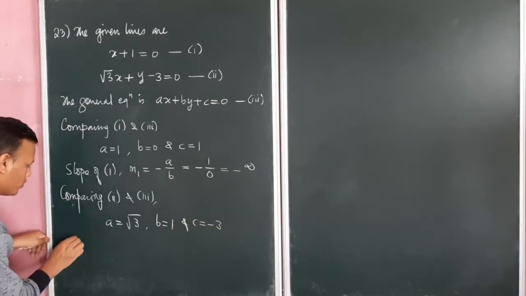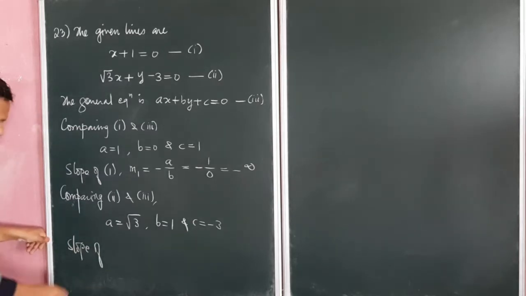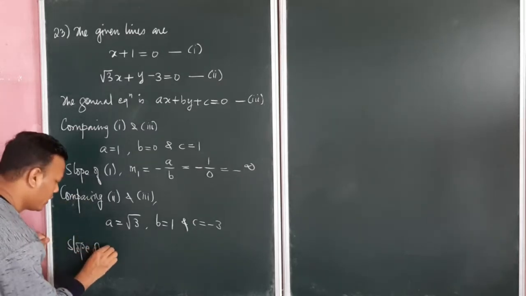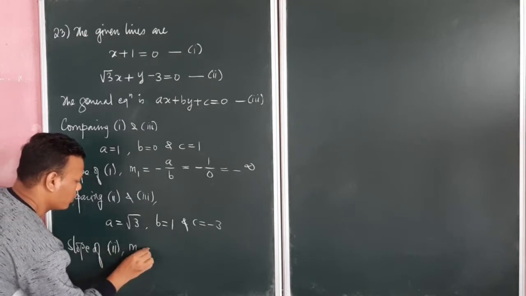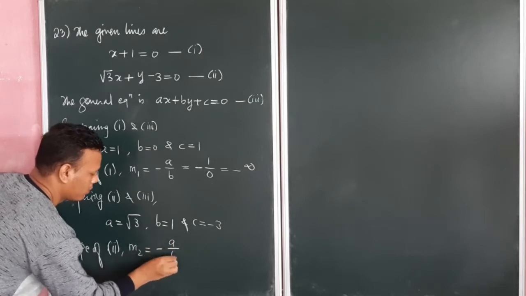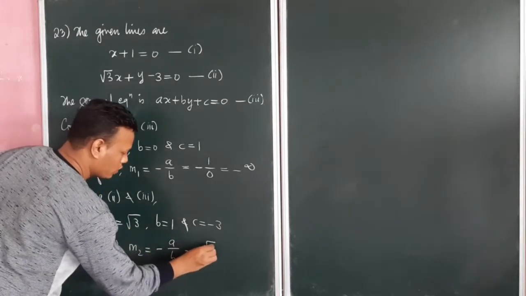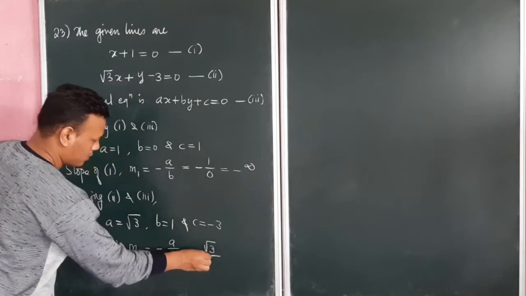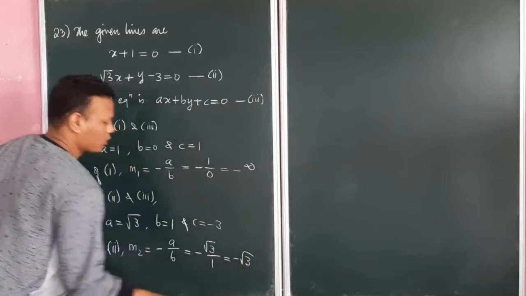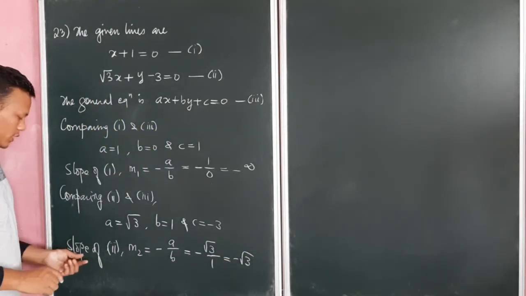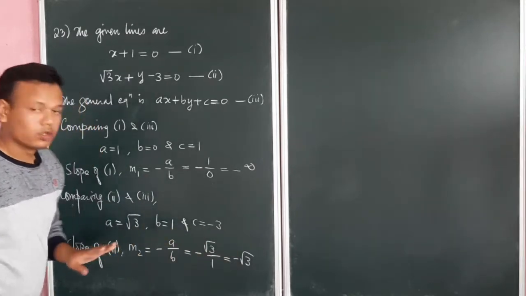So the slope of equation 2, let me call it m2, will be equal to minus a by b, that is minus root 3 by 1, which is minus root 3. So the slope of the second line, m2, turns out to be minus root 3.